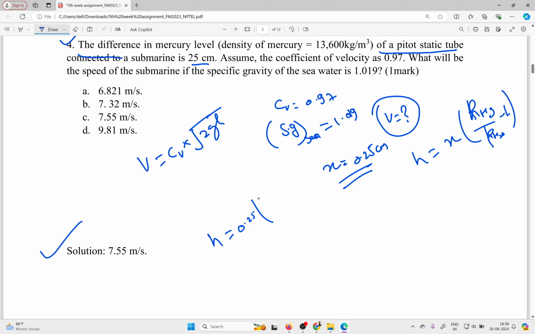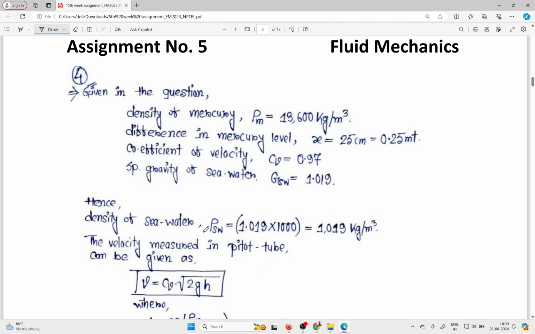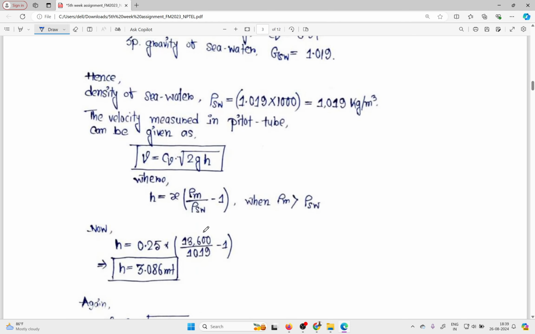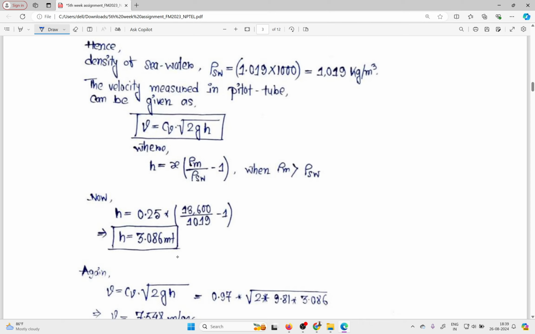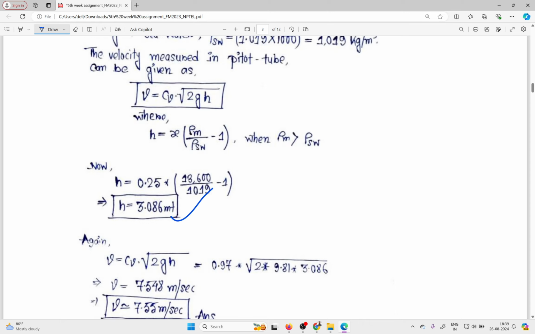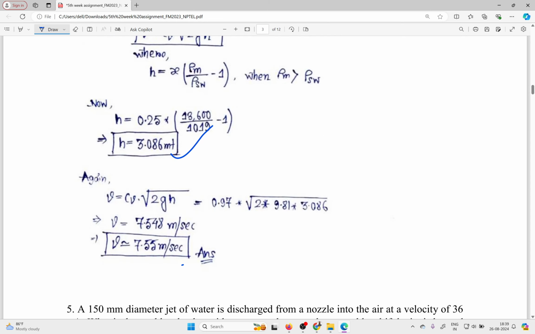So if you put here 13600 and rho of your seawater, it will be 1019, because you will multiply the specific gravity with the density of water. So now H is equal to, you will get 0.3086 meter. So you will apply this formula, V is equal to Cv root 2gh. So you can get easily the answer.